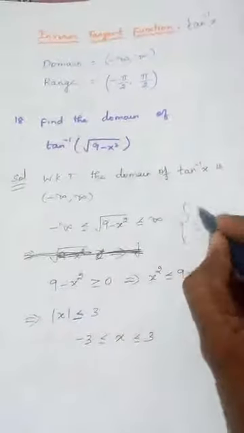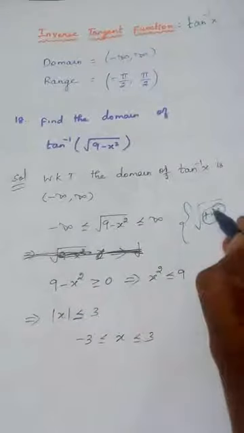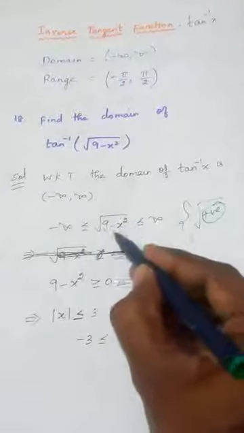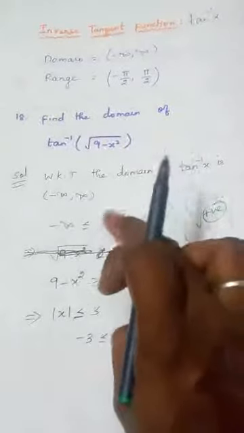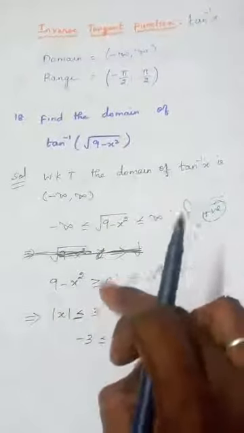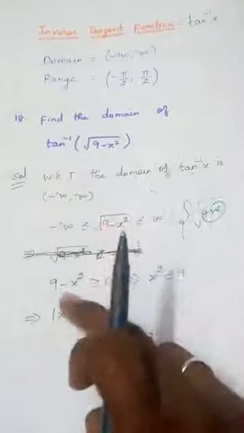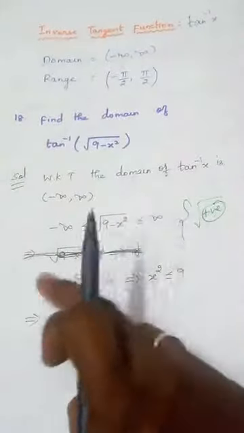So inside the square root only positive number should be allowed, because negative means no answer will come. So the term present inside the root, 9 minus x square, should be a positive number, or it may be equal to 0 also. That is what we are writing here.